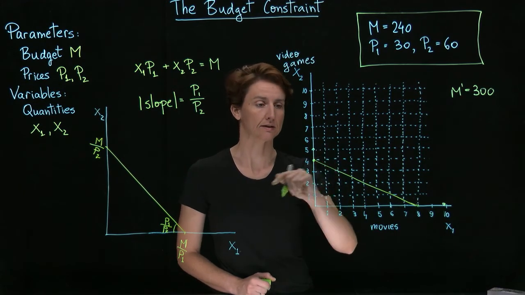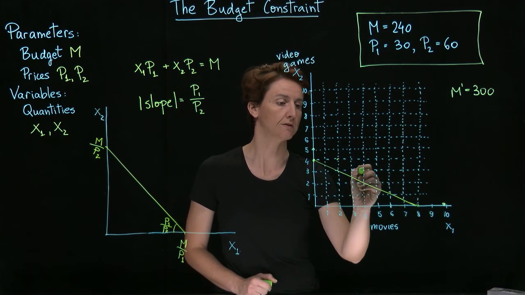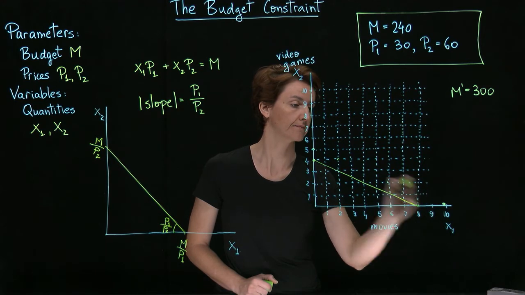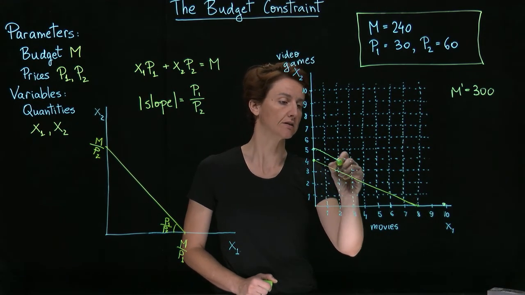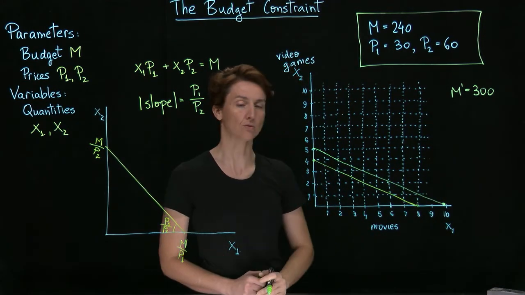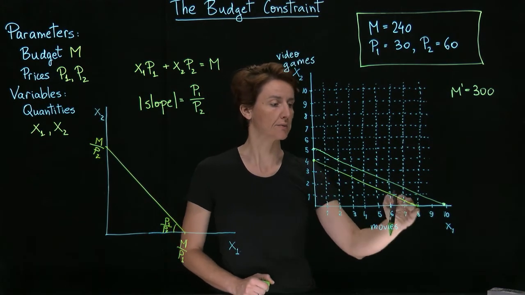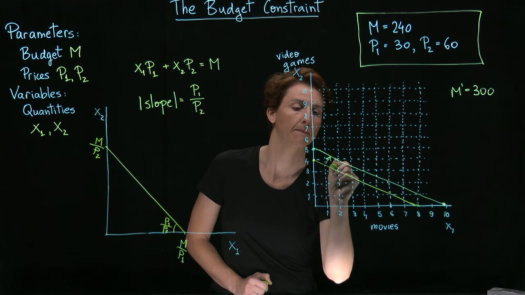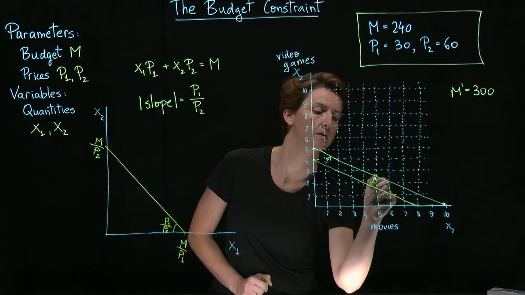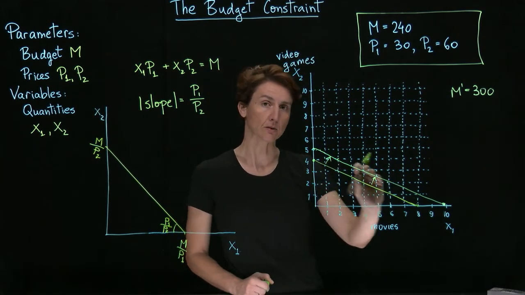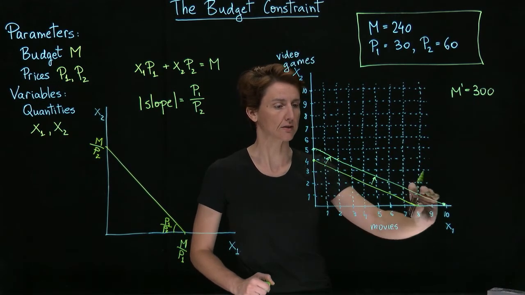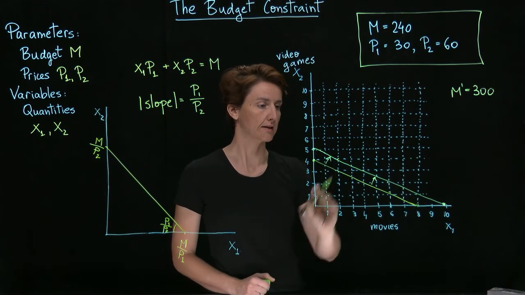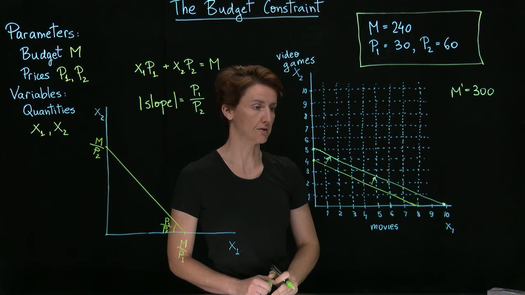Every time you buy 1 less video game, you could buy 2 more movies, and so on. So the new budget constraint will have the same slope as before, but both intercepts are moving out by the same proportion. This represents an increase in purchasing power because all of those baskets in that swath are newly available options for the consumer.